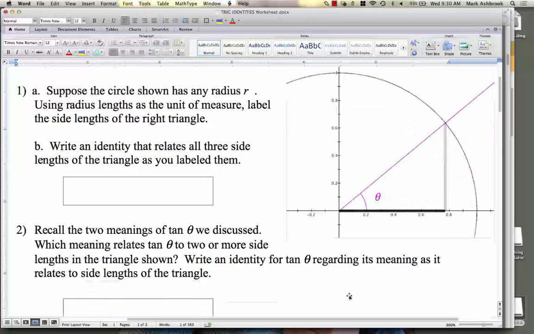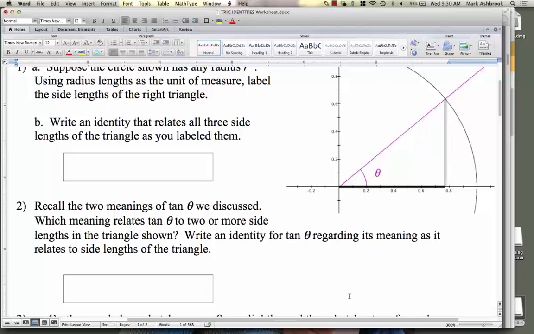Okay, next one. So, recall the 2 meanings of tangent theta we discussed. We said there were 2 meanings, so I'm going to come back here and do this again. So this is cosine theta. This is sine theta. This is 1. So one of our meanings was measuring this right here in radius lengths.